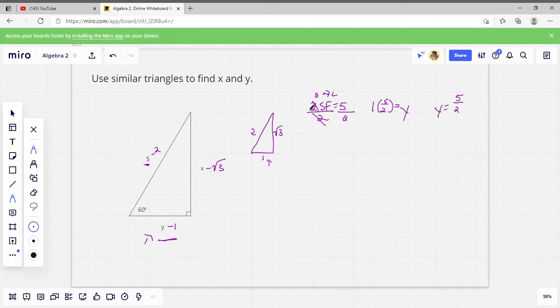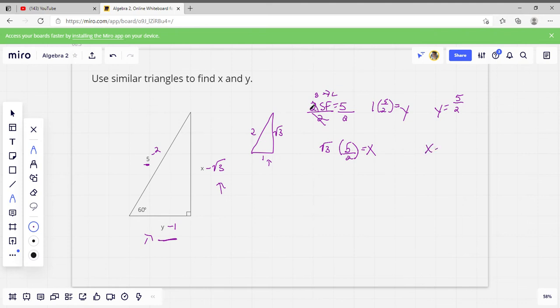Now we've got our square root of 3. So the square root of 3 times our scale factor, which is 5 over 2, equals x. That one's easy.